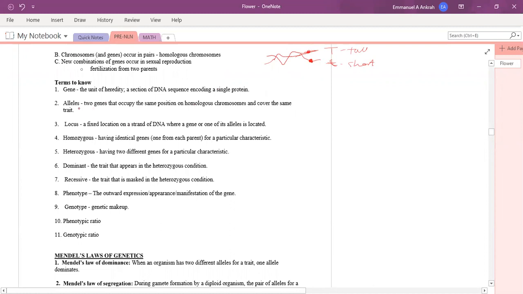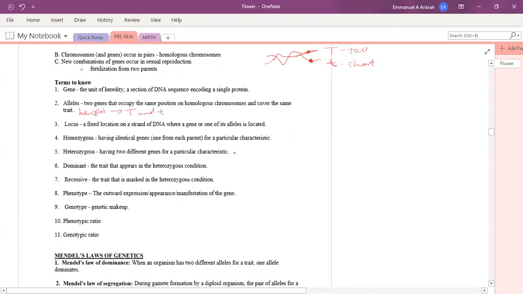Alleles. When I say alleles, we're talking about two genes that occupy the same position on the homologous chromosomes and cover the same trait. For example, for height, as I've just mentioned, the alleles will be uppercase T and lowercase t.